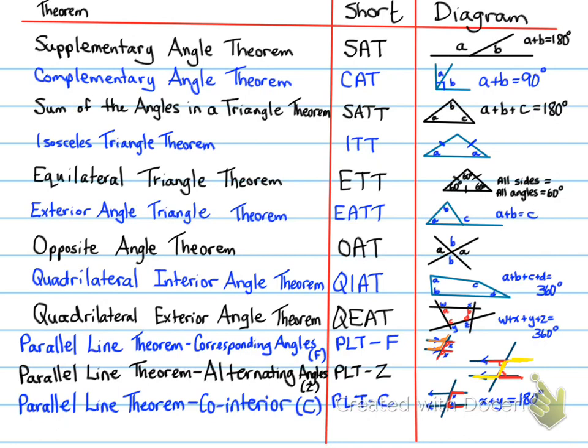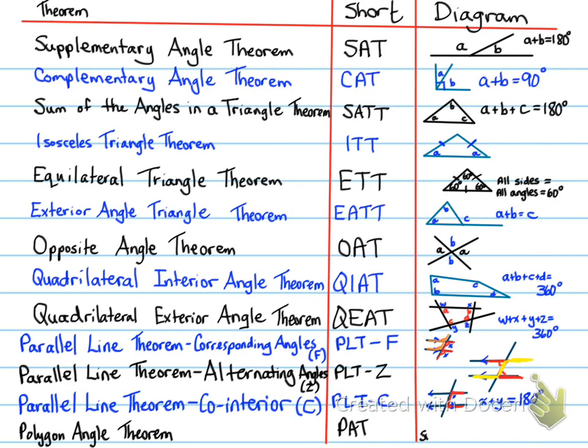Okay, folks, so we've just added 3 more theorems, and we'll be adding more a little bit later. The last one that we're going to add in the next lesson is going to be the polygon angle theorem. So we're just going to add this last theorem into our chart now. And that is the polygon angle theorem, which is PAT for short.